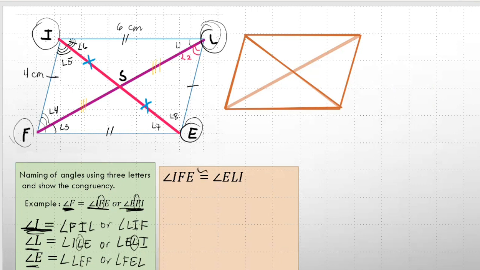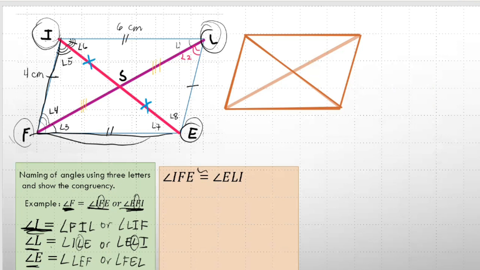Okay? So let's have an example. So si angle I, FE, eto po siya. Angle I, F, and E. O, this angle. So dapat, kung nag-start tayo kay I, which is sa taas, tapos pababa to right, then dapat ganun din yung ating measurement or ganun din dapat si congruency natin na angle.